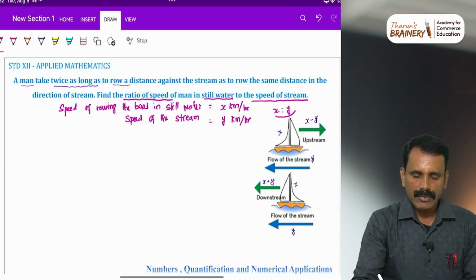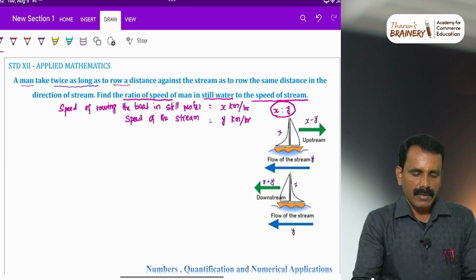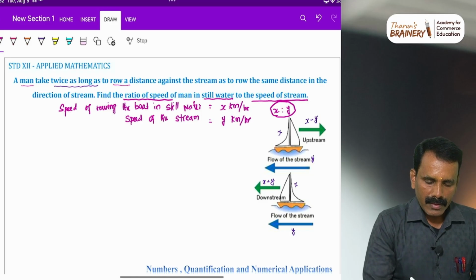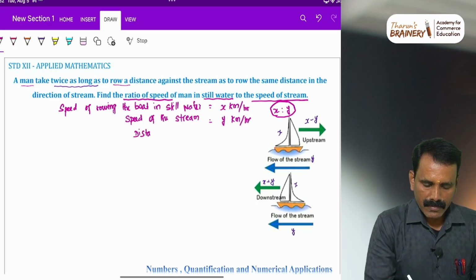The distance is not given, so we take it as d kilometer.